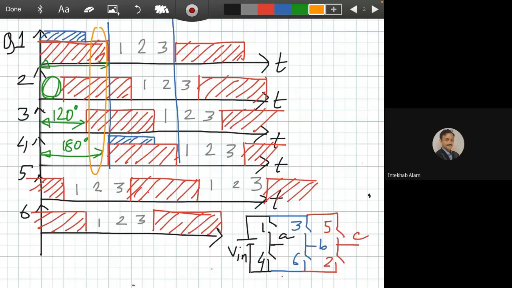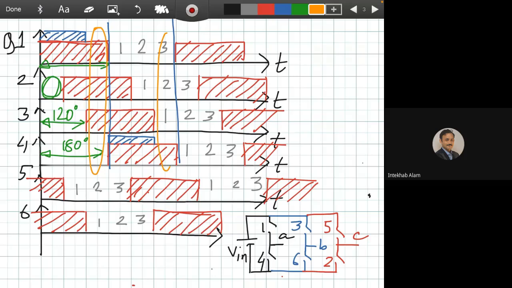They are not on. And in this point also. So if the switches are not on, you will find different things. Output voltage will be changed. Do you have any question up to this point?